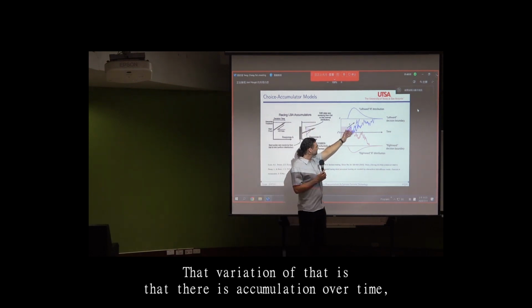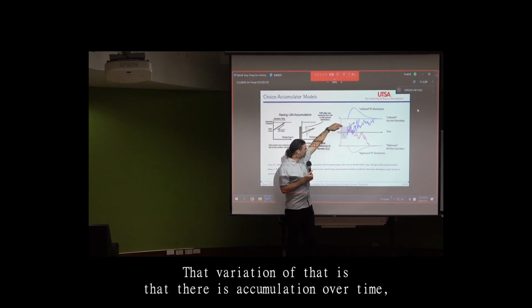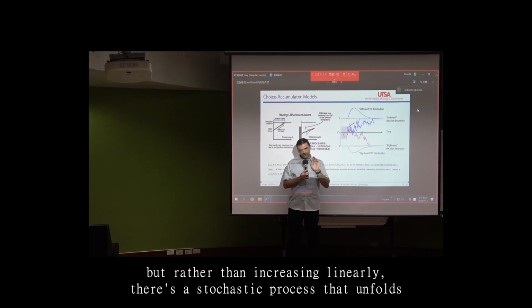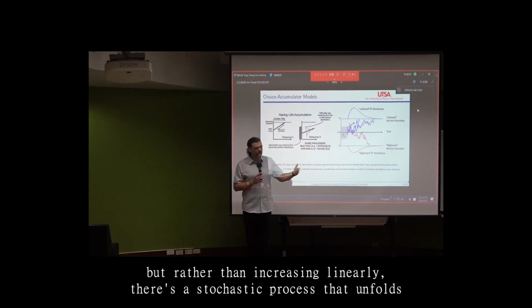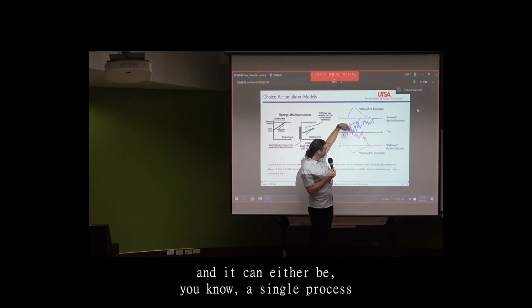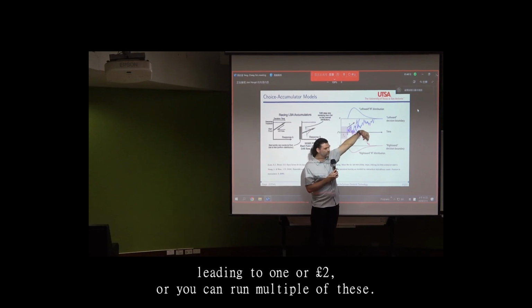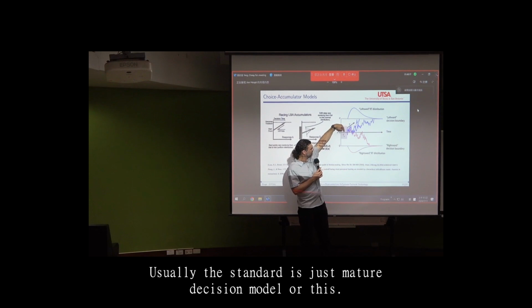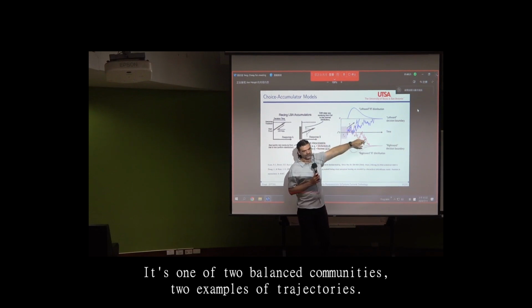The DDM variation of that is that there's accumulation over time, but rather than increasing linearly, there's a stochastic process that unfolds. And it can either be a single process leading to one or two bounds, or you can run multiple of these processes. Usually the standard is just a two-decision model where there's a single process that gets one of two bounds. And these are just two examples of trajectories in that.